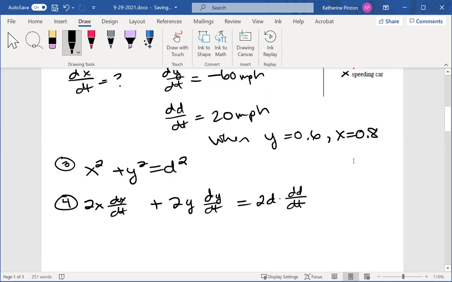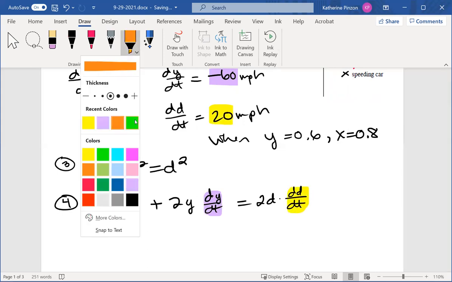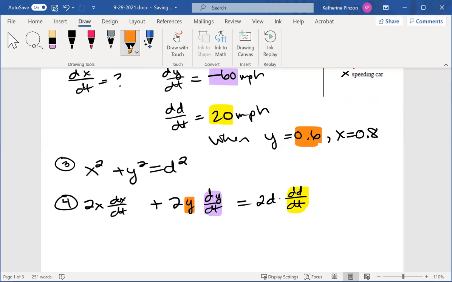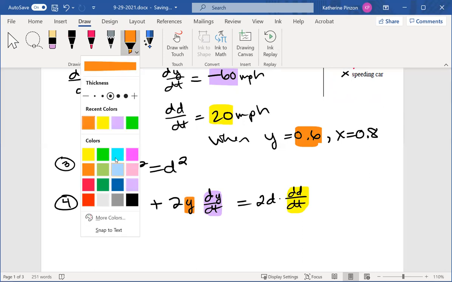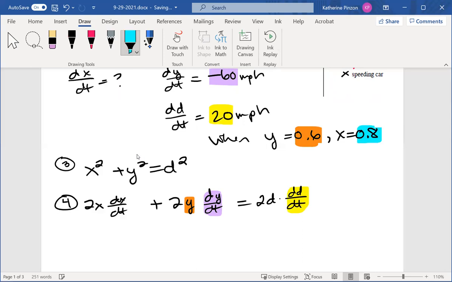Let's see what I know. I know that dy/dt is negative 60, so that goes there. I know that dD/dt is 20, that goes there. I know that y is 0.6, that goes there. I know that x is 0.8, that goes there. This dx/dt is the thing I'm looking to find. Uh-oh, I need to know D. Let's plug in, right?